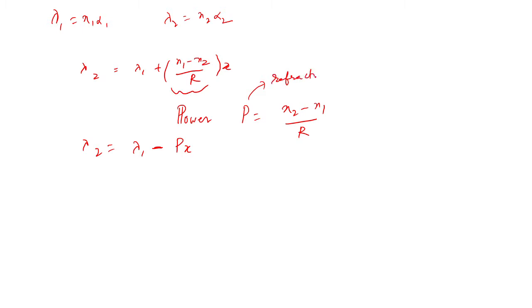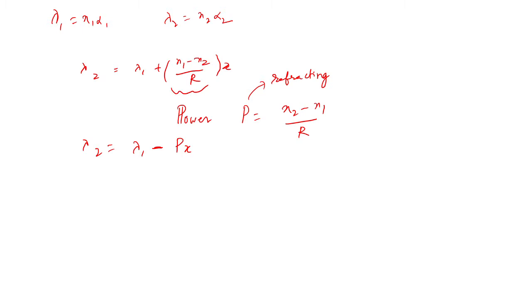We have seen that, like how it is the inverse of the focal length before, right? So now we have a relationship that lambda 2 is equal to lambda 1 minus px. So now we can use this equation to write the matrix form.